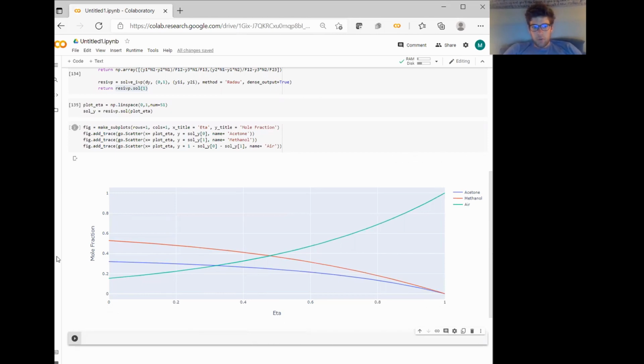There are no units for eta or mole fraction, but we do see that as eta increases, the mole fraction of air increases, and the mole fraction of both methanol and acetone decrease. And as they go to 0, the mole fraction of air goes to 1, which makes sense because the sum of all 3 of these always has to be 1. So there you go.